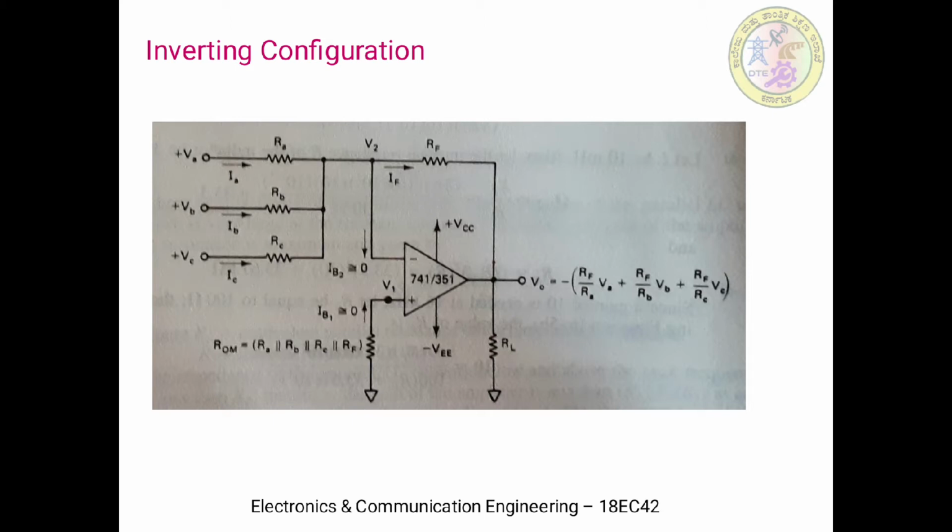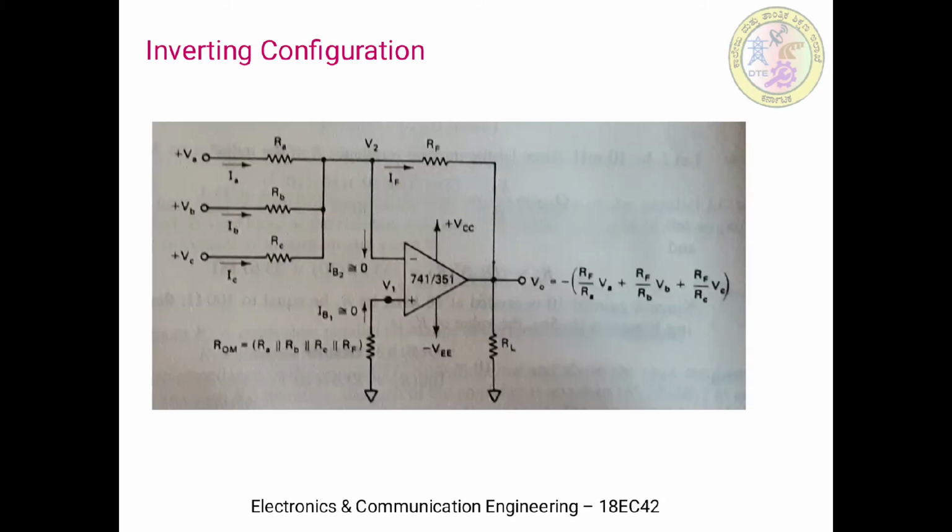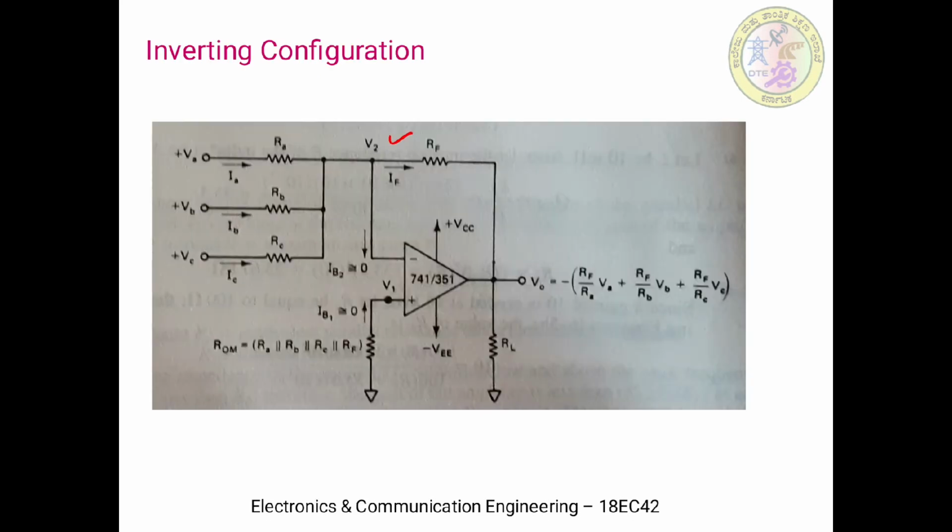Now in this circuit, the expression for the output voltage is obtained by applying the Kirchhoff current law at the node V2. So what are the currents? IA, IB and IC.